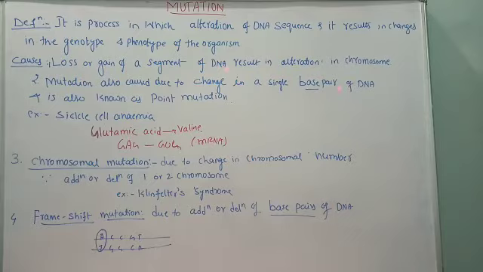Totally there is an alteration in the chromosome number. The major cause for the mutation, as I already told, is either the loss or gain of a segment of the DNA. If there is normal DNA, extra DNA is added or loss of DNA takes place, and that results in the alteration of the chromosomal number.